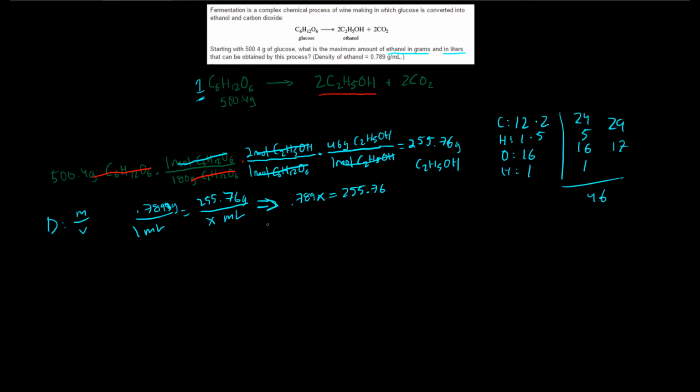And if you look, X is going to be plugged into milliliters. So once we solve for this, which is just basic algebra, we're going to find out how many milliliters we actually have in 255.76 grams of ethanol. So we're going to divide this by 0.789 to cancel these out. And we're going to find that X is equal to 255.76 divided by 0.789.